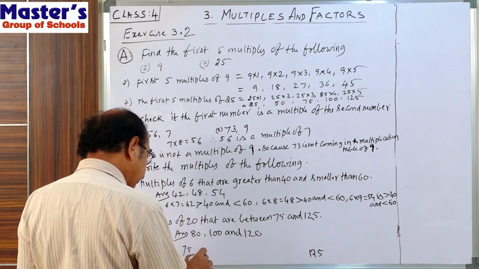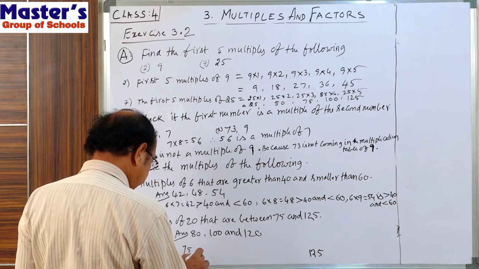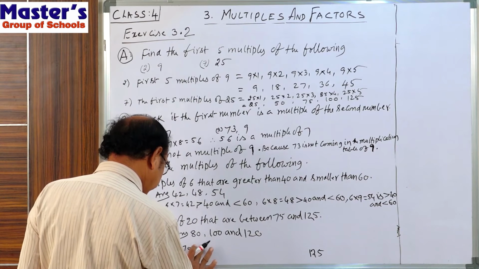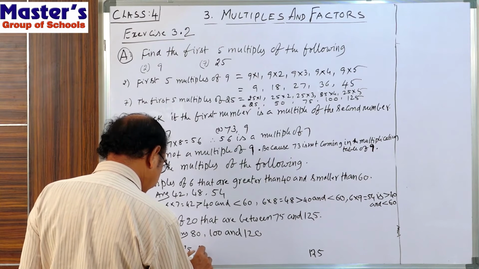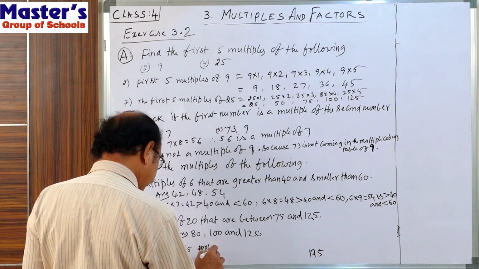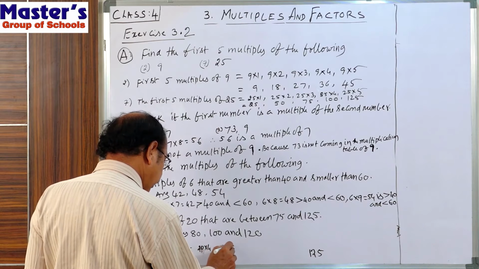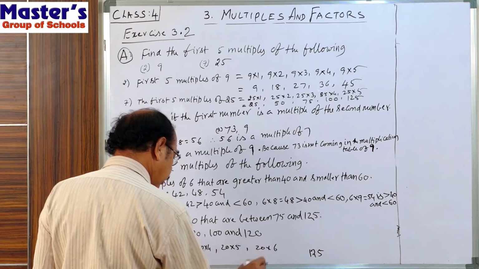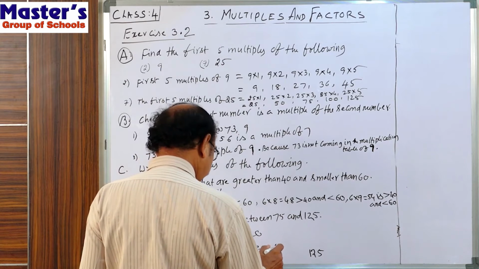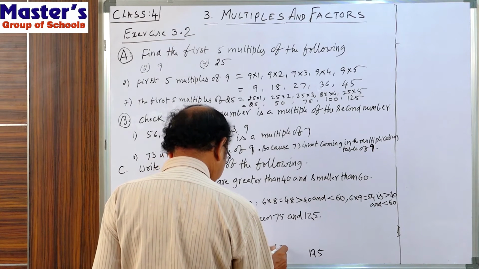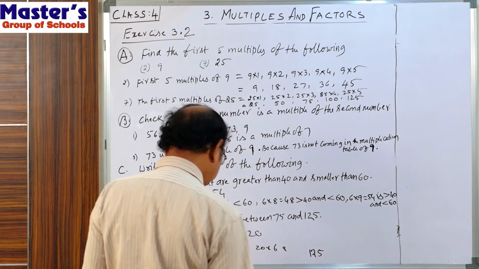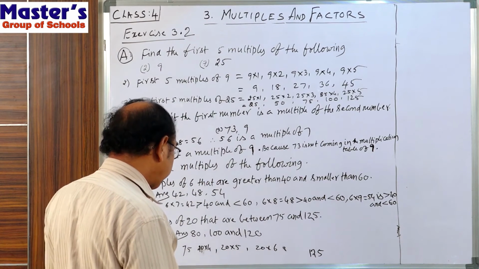Okay, that means 20 4s are 80, 20 5s are 100, 20 6s are 120. 20 into 6. That is enough. 80, 100, 120.